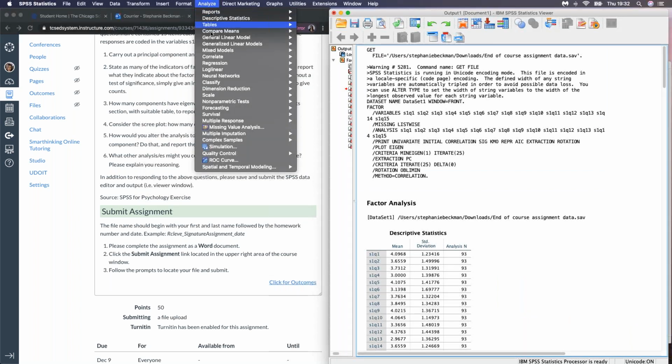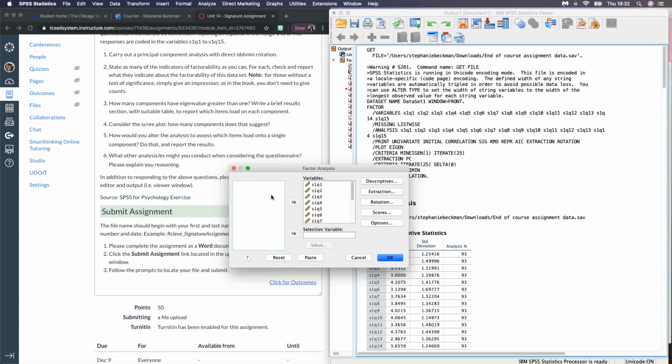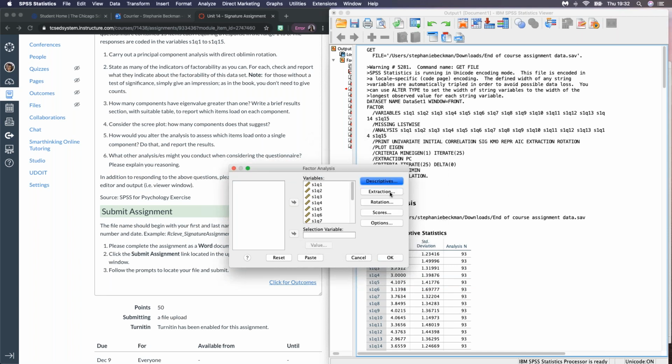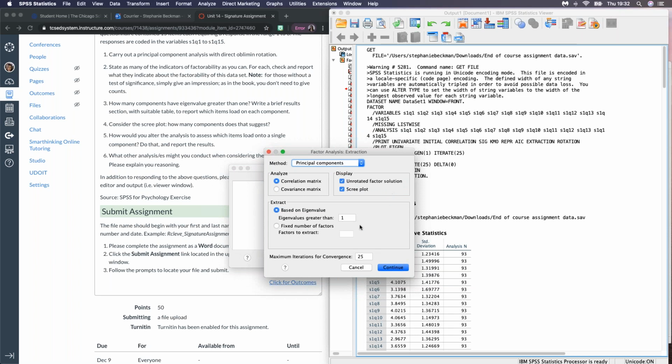So we've got analyze, dimension reduction, factor. So far everything's the same. We already have all 15 of these moved over to here. We're still going to leave the selection variable blank. Under descriptives, we leave these all checked like before. Under extraction, this is what I was talking about before, when we could have changed our eigenvalue to be higher so that it would omit things that were maybe less than 3 or less than 2.